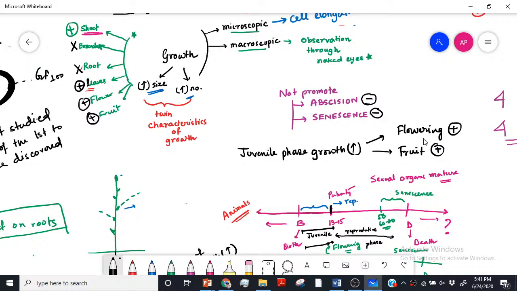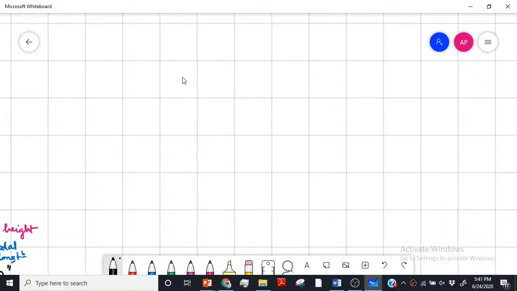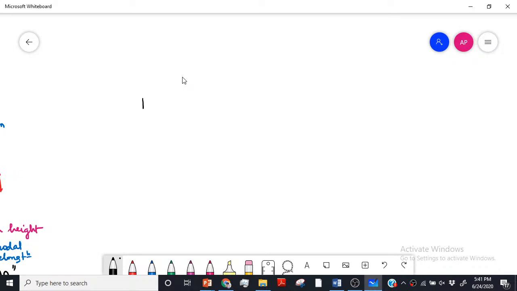So quicker maturity. Then there's something known as malting in brewery industries. In brewery industries, one process is known as malting. Gibberellin increases malt yield in brewery industries.